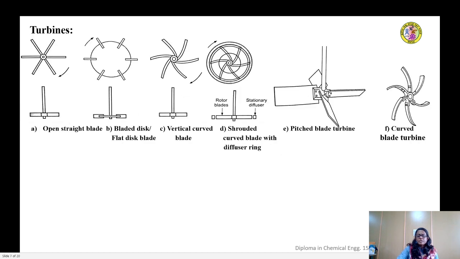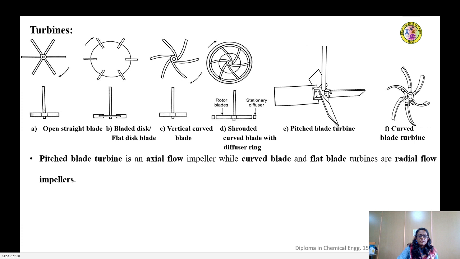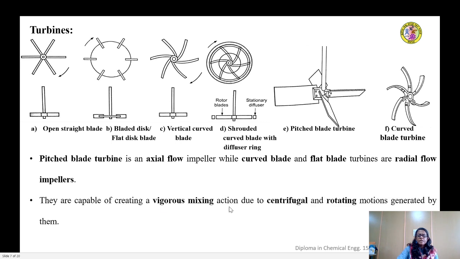Let us now discuss the various constructional details of turbine type impellers. As I already told you, the pitched bladed turbine is an axial flow impeller, while the curved blade, flat blade and all other types of turbines create a radial flow. So they are radial flow impellers.